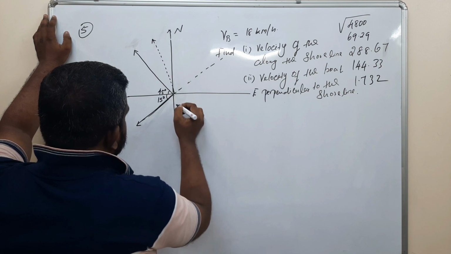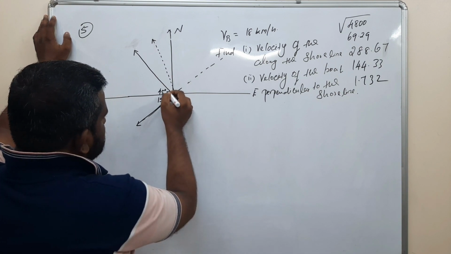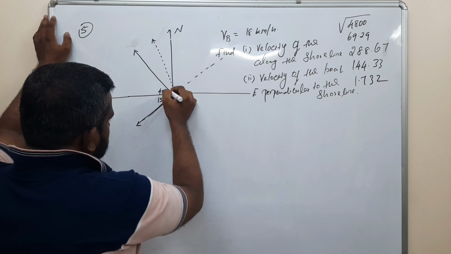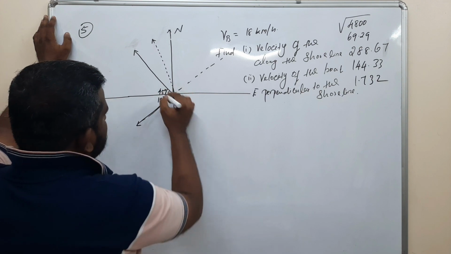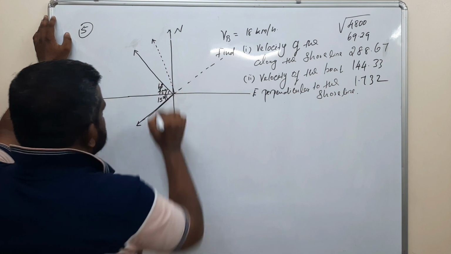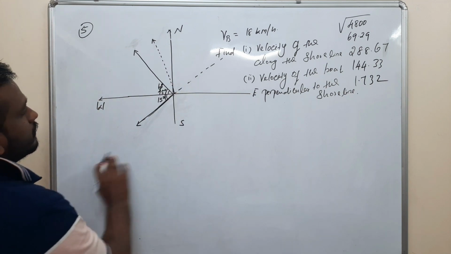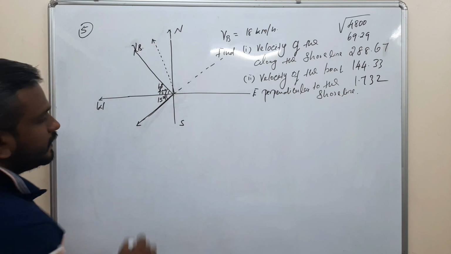This angle is 15 degree and this is 45 degree. So the total angle, the velocity vector makes an angle of 60 degree with the shoreline. So this is VB.